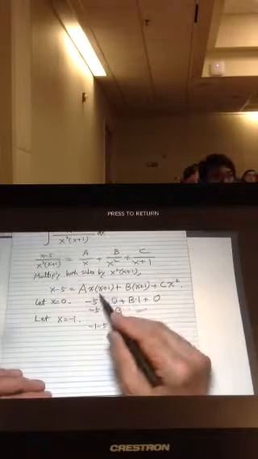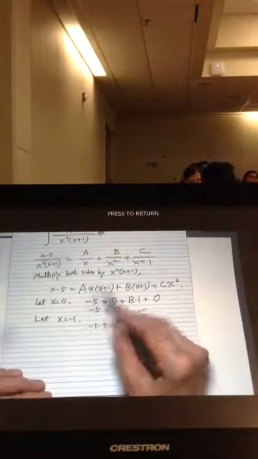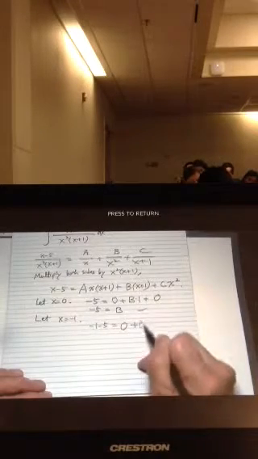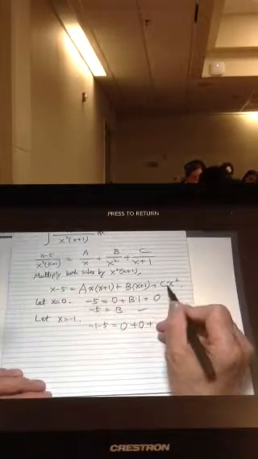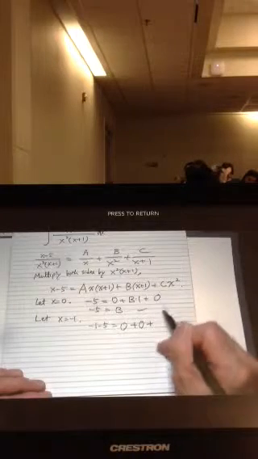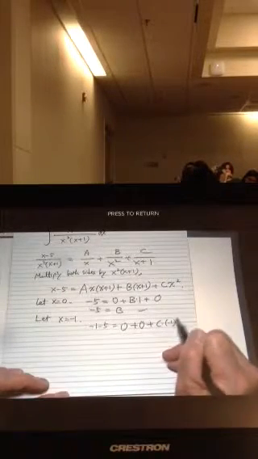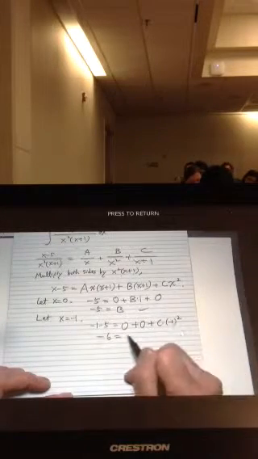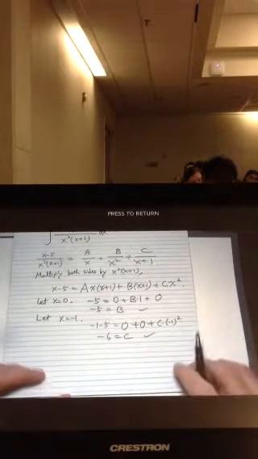Now how about the right-hand side? When x is negative 1, this is 0. The second term is 0. Only the third term survives. C times negative 1 squared. So minus 6 equals, this is 1, so C is negative 6.